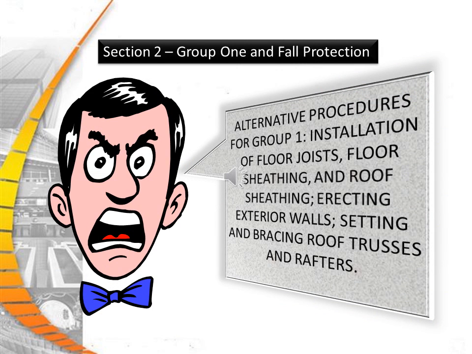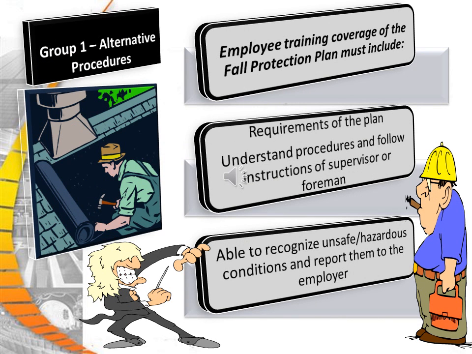Alternative procedures for Group 1: installation of floor joists or floor sheathing or roof sheathing, erecting exterior walls, or setting and bracing roof trusses and rafters. Employee training coverage of a fall protection plan must include requirements of the plan, an understanding of the procedures, and following instructions of a supervisor or foreman.